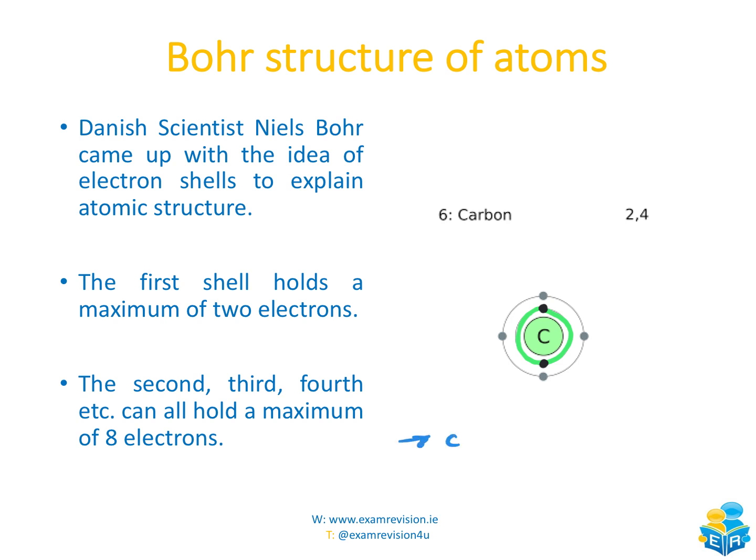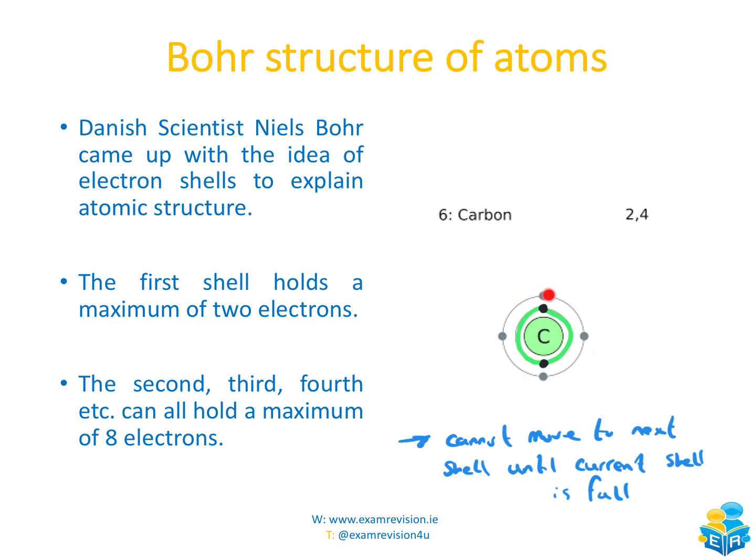Okay, you cannot move on to the next shell until the current shell is full. So for example, we have a full inner shell here. That first one can only hold 2. That's full. That's why we moved on to the second one.